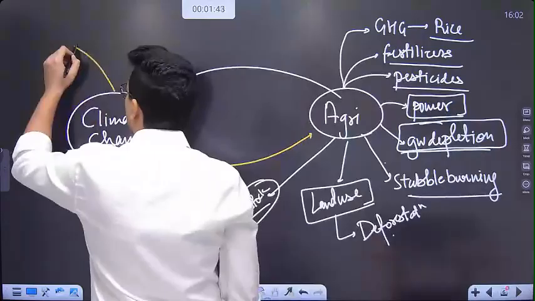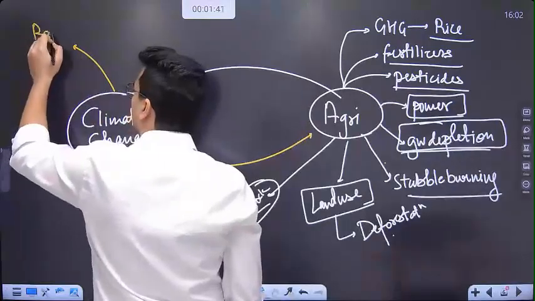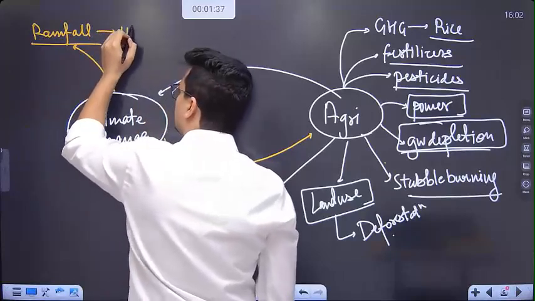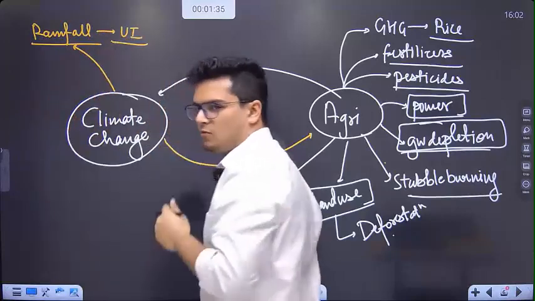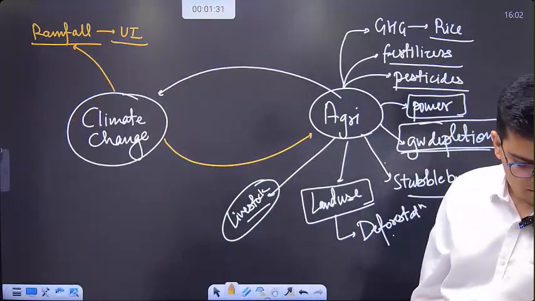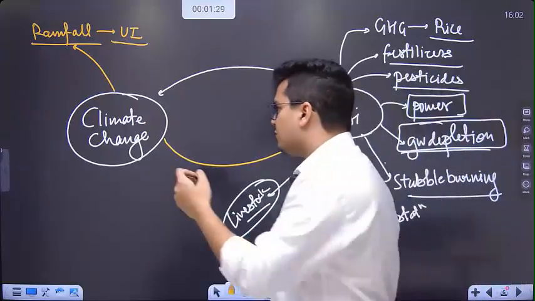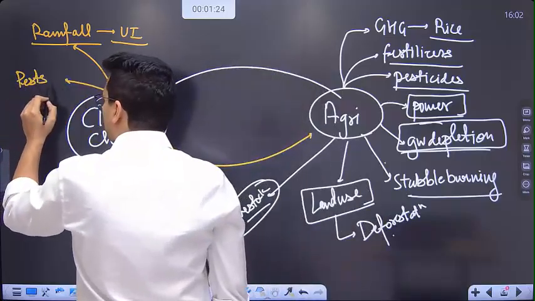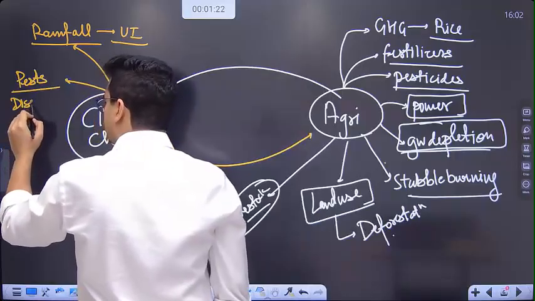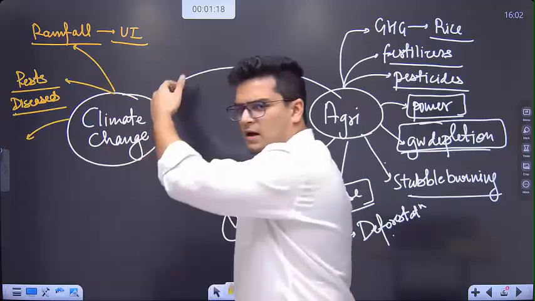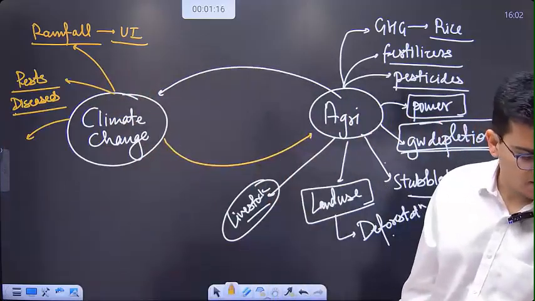Climate change will lead to change in the patterns of rainfall. So areas that are unirrigated will have a problem. What else? We read about, very good, we read about the issues of locusts. So pests, diseases. This is something that climate change has an impact on as far as agriculture is concerned.